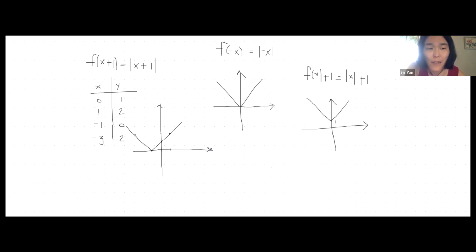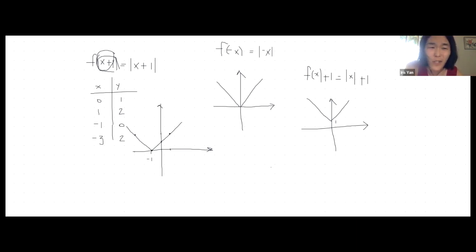Why is that? Because originally, the y was 0 when what was inside the parentheses was 0, right? But for now, to make this guy 0, I need my x to be -1. So my V shifted from x equal to 0 to x equal to -1.